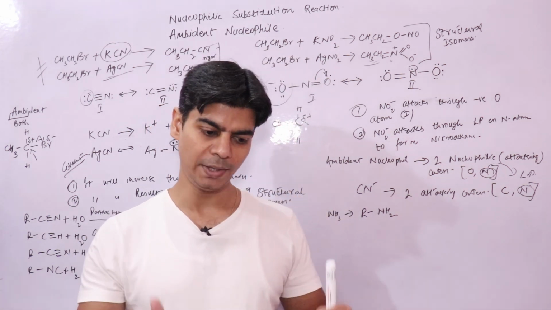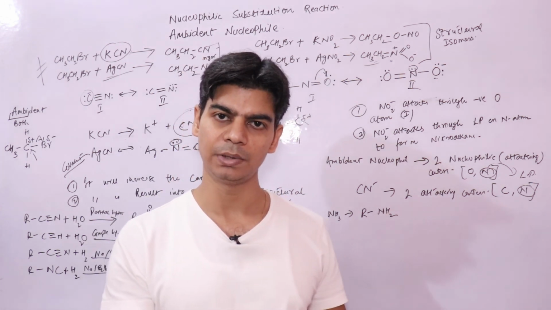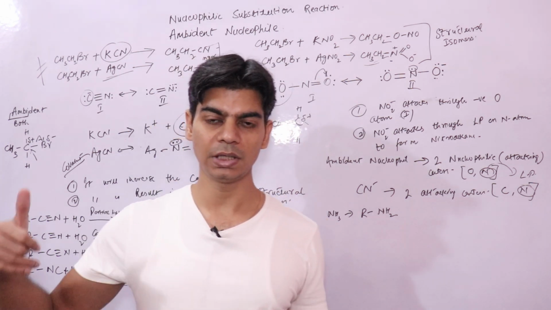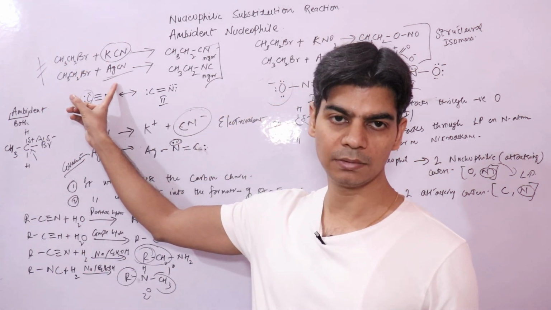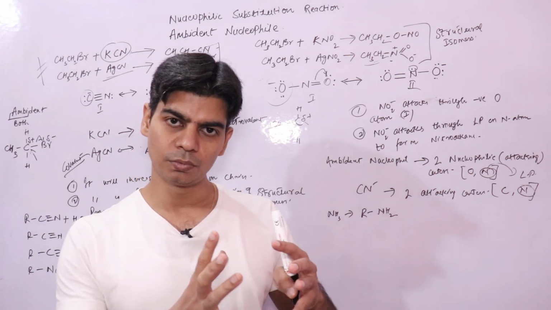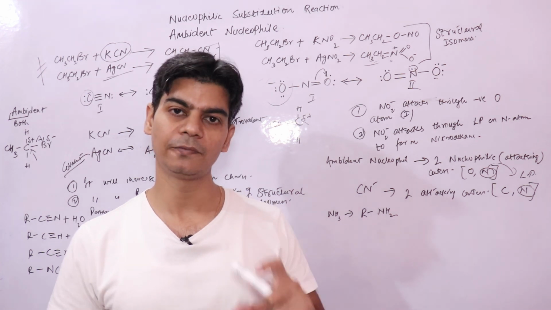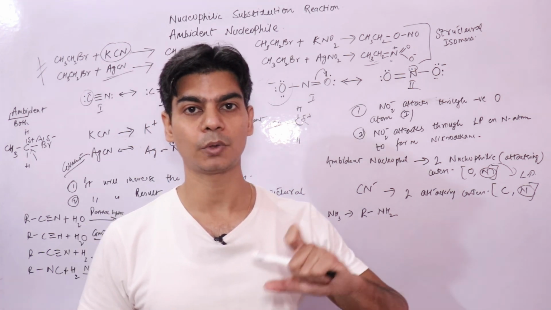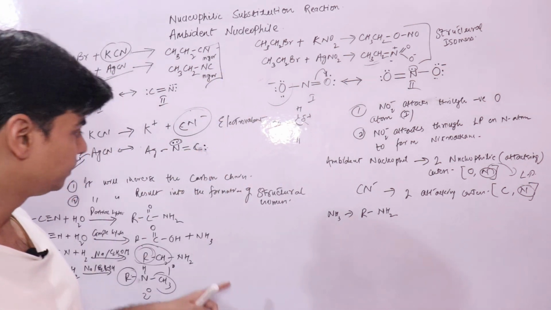And when an ambident nucleophile attacks an electron deficient carbon, depending on the reagent, potassium cyanide or silver cyanide, this is electrovalent, this is covalent, it will attack via its two different centers to form different products that are structural isomers.